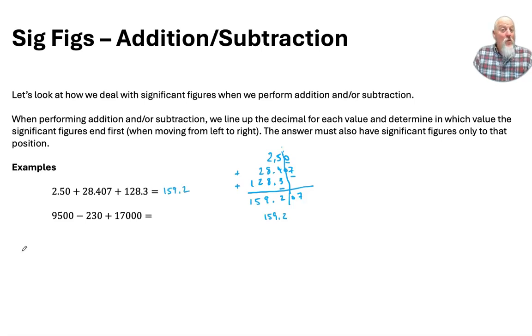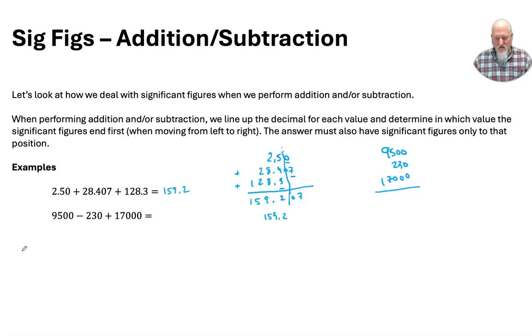Okay, let's do the next one. Again, lining up where the decimal is: 9,500, 230, 17,000. My decimal would all be on the right there, but we don't get to the decimal, so I'm going to mark where my last significant figure is.